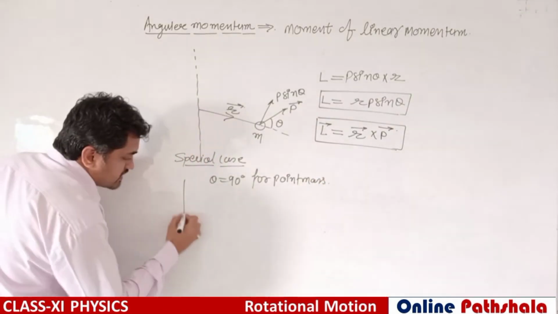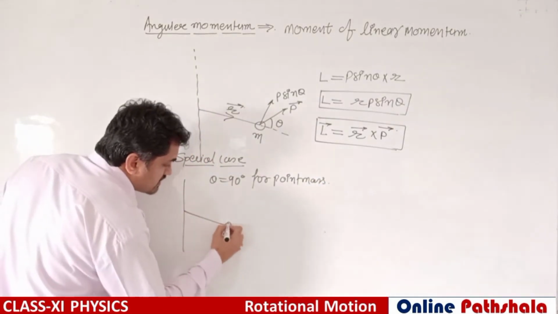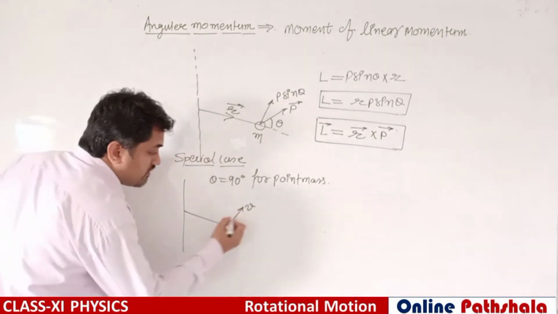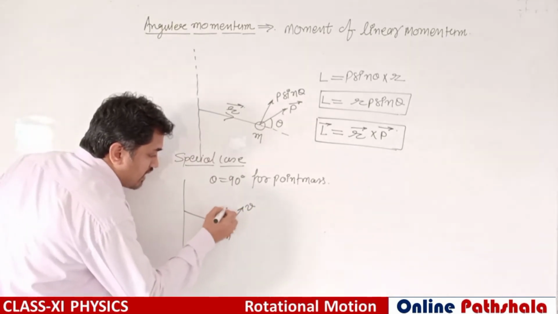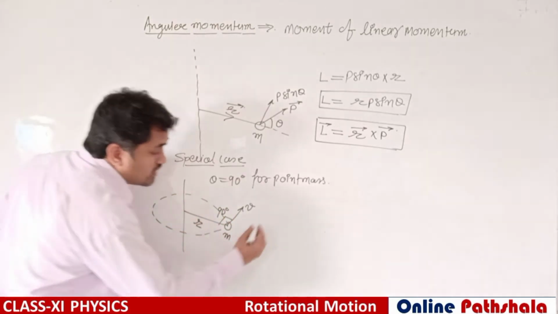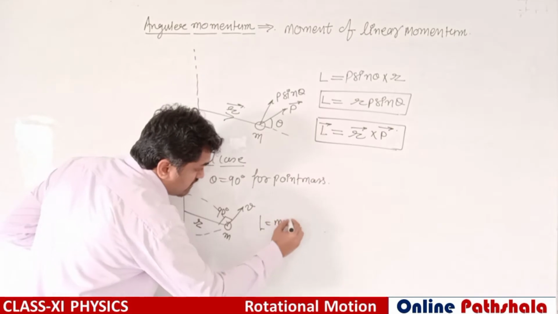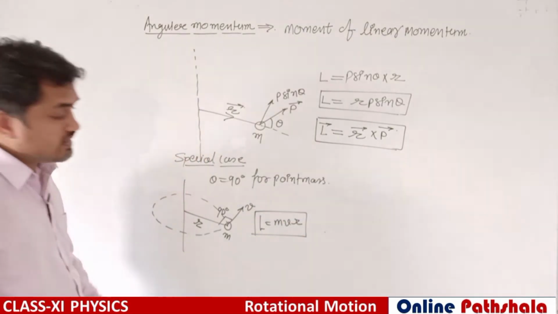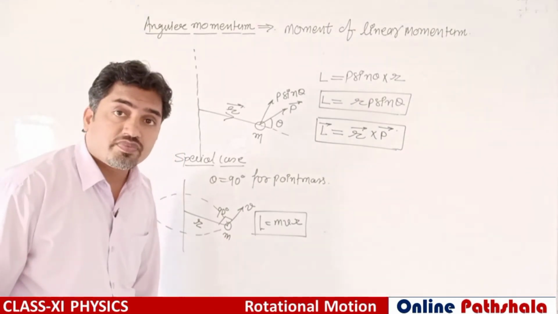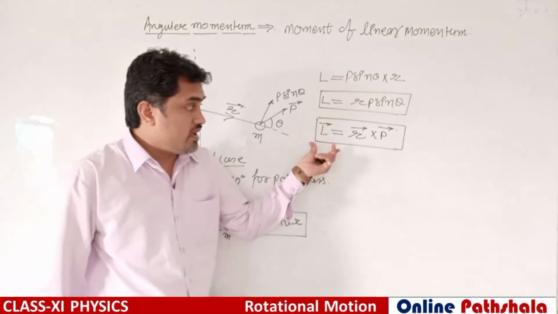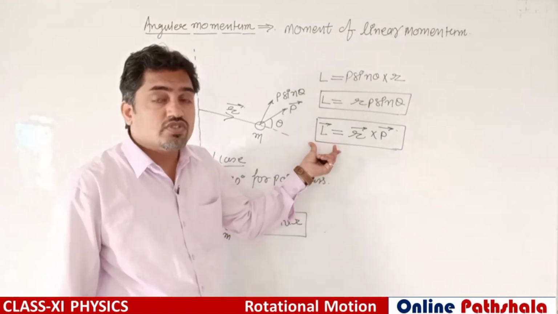This is the axis of rotation, and this particle of mass m is moving with velocity v and having a distance r, like that. So the angular momentum is mvr. It is only for the point mass.